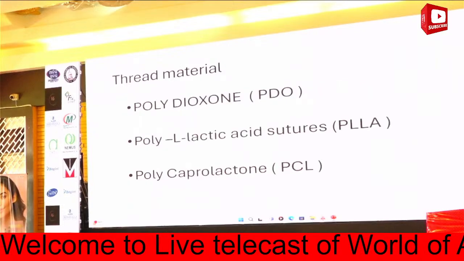The thread materials have evolved over time. Today, the commonest threads used are PDO, PLLA and PCL. These are all absorbable sutures. Previously, non-absorbable sutures were used, but they caused a lot of scarring and marks on the face.